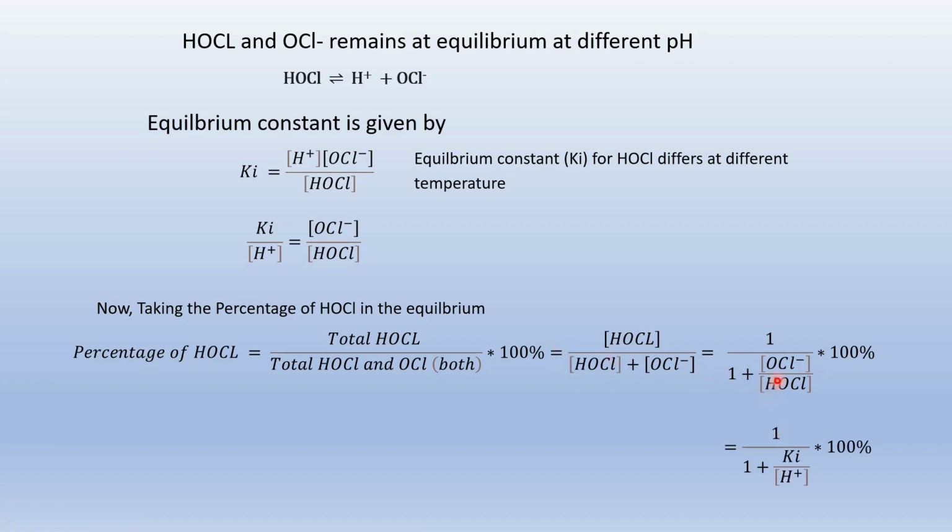Now substituting the value of Ki by H+, we get 1 by 1 plus Ki by H+ into 100%. The Ki is the equilibrium constant, which is constant for any temperature, and H+ is the hydrogen ion, which depends upon the pH, given by 10 to the power minus pH.